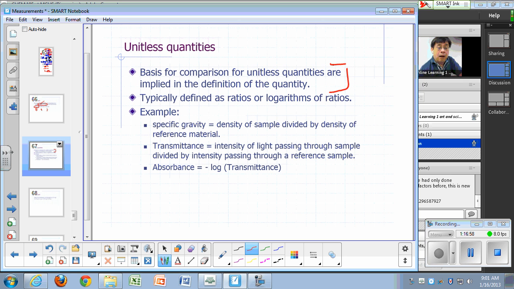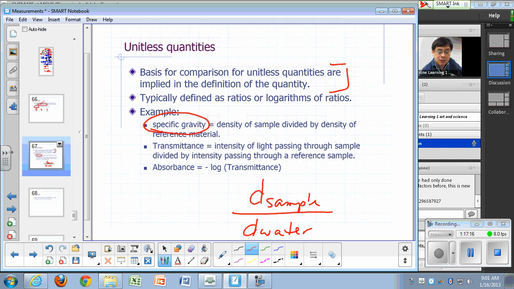So, for example, a quantity called specific gravity. By definition, it's the ratio of the density of the sample to the density of a reference material. So that's density of a sample divided by the density of a reference material, and usually in the case of liquids, the reference material is water.